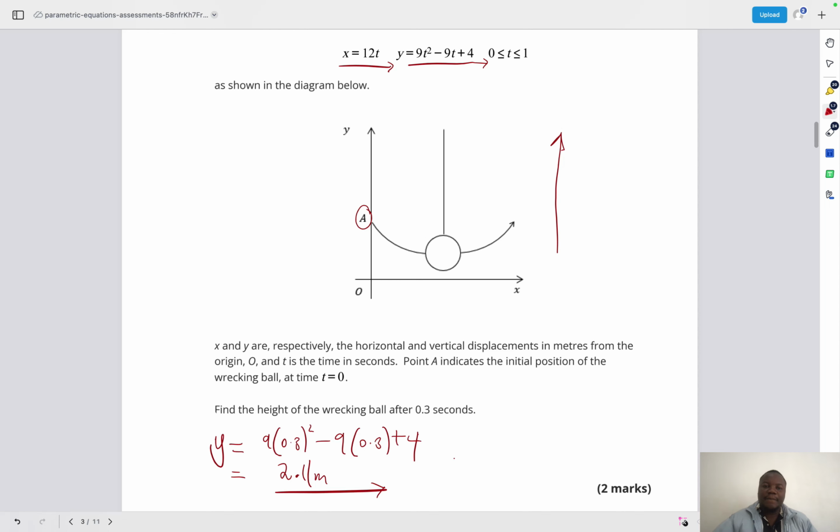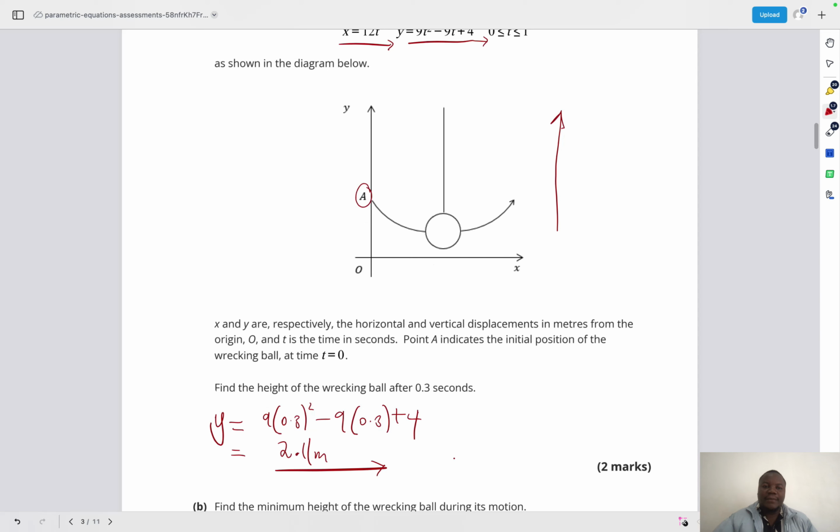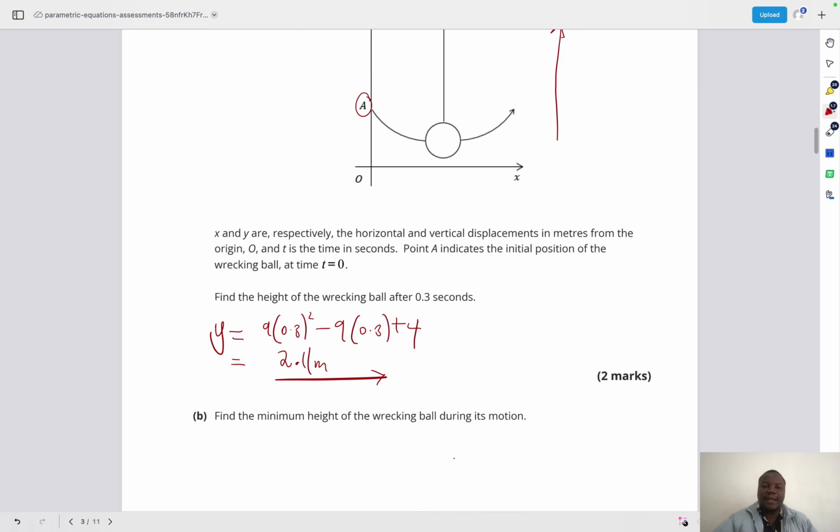That's our part A there. Then B, find the minimum height of the wrecking ball during its flight. The word here is minimum, and you know that to find the minimum or maximum point of a curve, we set dy/dx equal to 0, because you are trying to find the turning point of a curve.